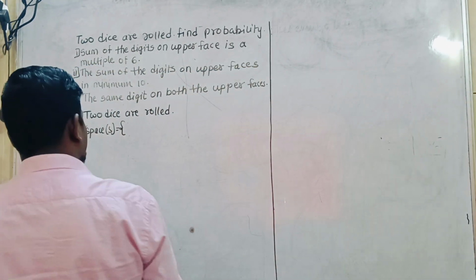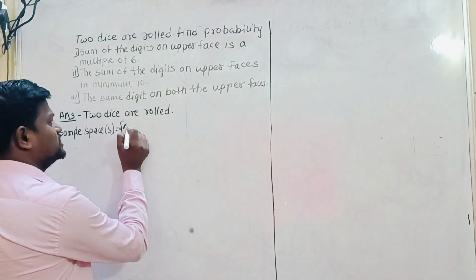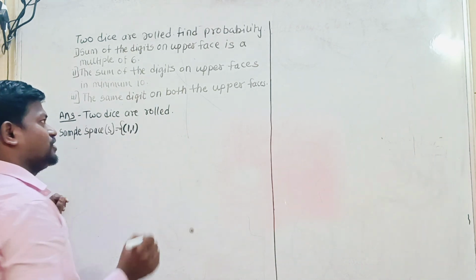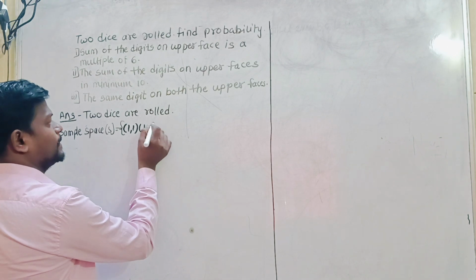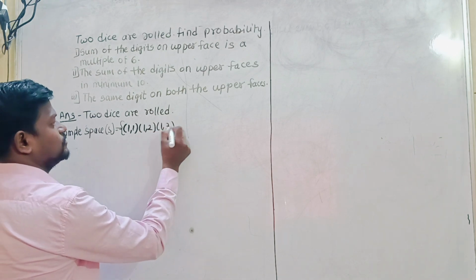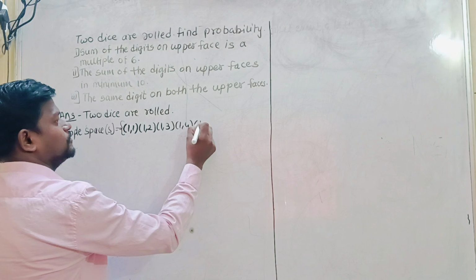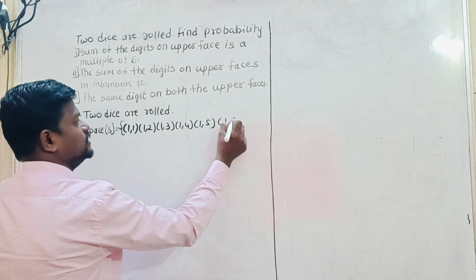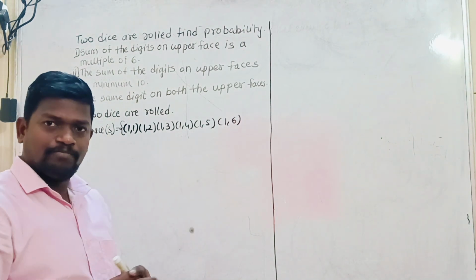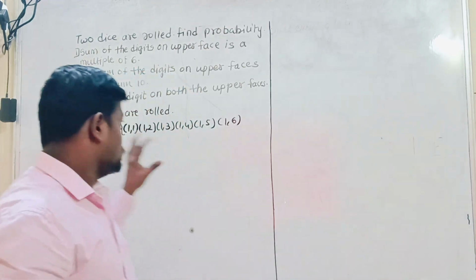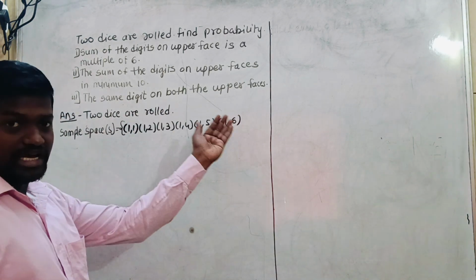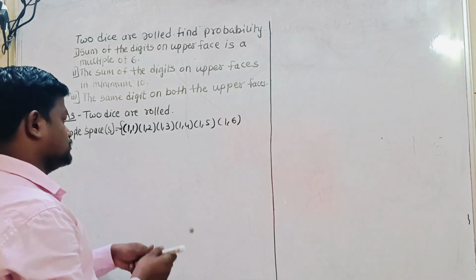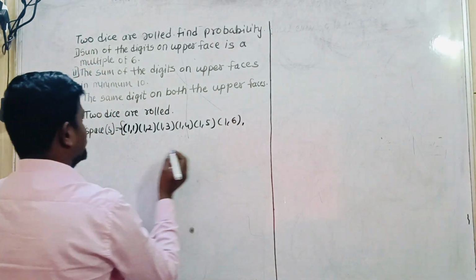So let's start with our sample space. For 2 dice rolled, see, earlier I discussed how we can form the sample space for 2 dice rolled. So learn that properly.